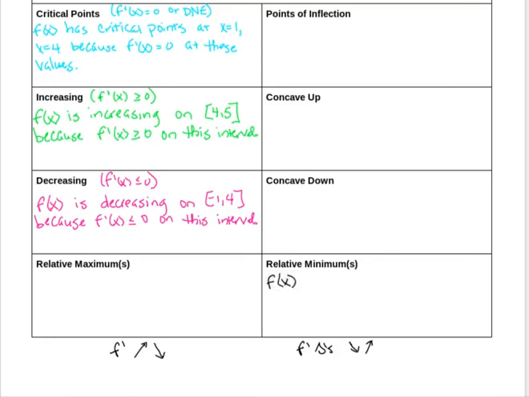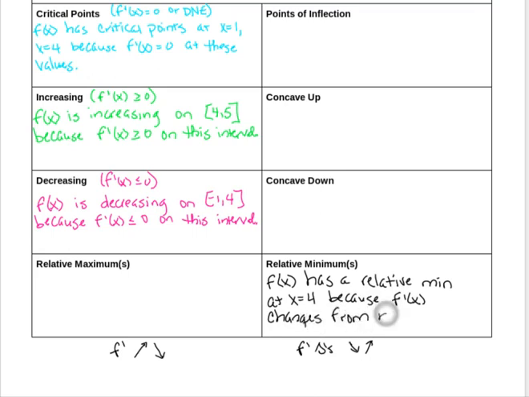So f of x has a relative minimum at x equals 4 because f prime of x changes from negative to positive at this value.